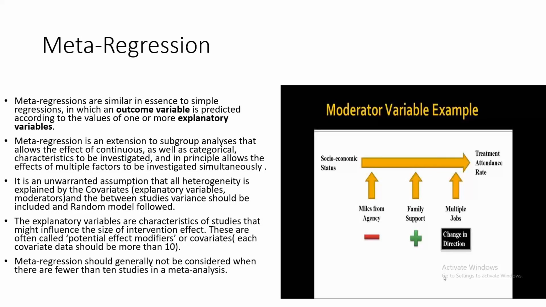If the beta coefficient is not 0 and the p-value that the software gives me is less than 0.05, what does it mean? The moderator is effective. It is changing the direct relationship between the two variables, and that is what I'm trying to see.